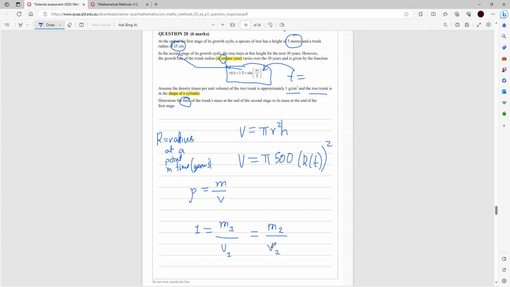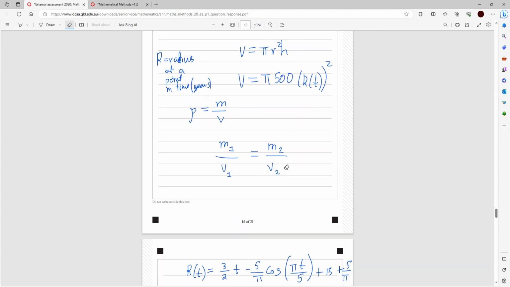This is because we're assuming the density is constant and not changing. The density is how much material is packed into a certain volume, hence mass on volume. So setting this up was the second hardest part.